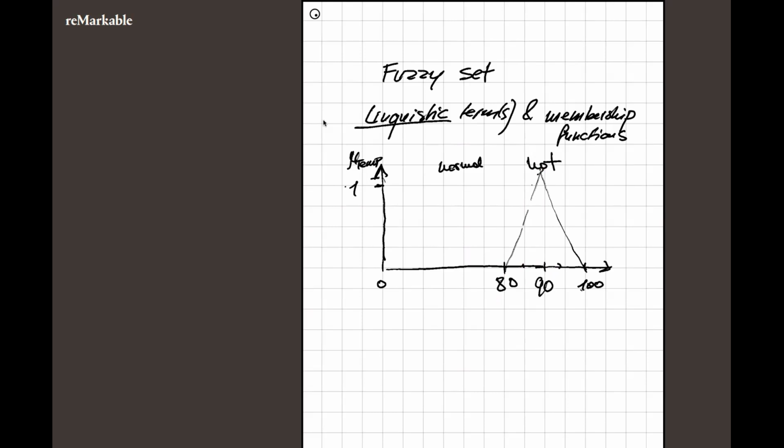So normal, I will explain why it can be normal. Normal can also have the same shape, and they may intersect, overlap between the linguistic variables.